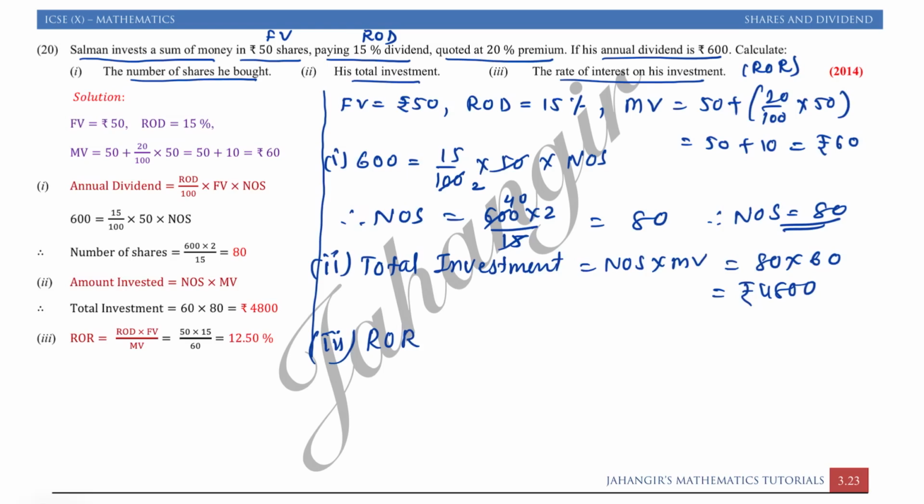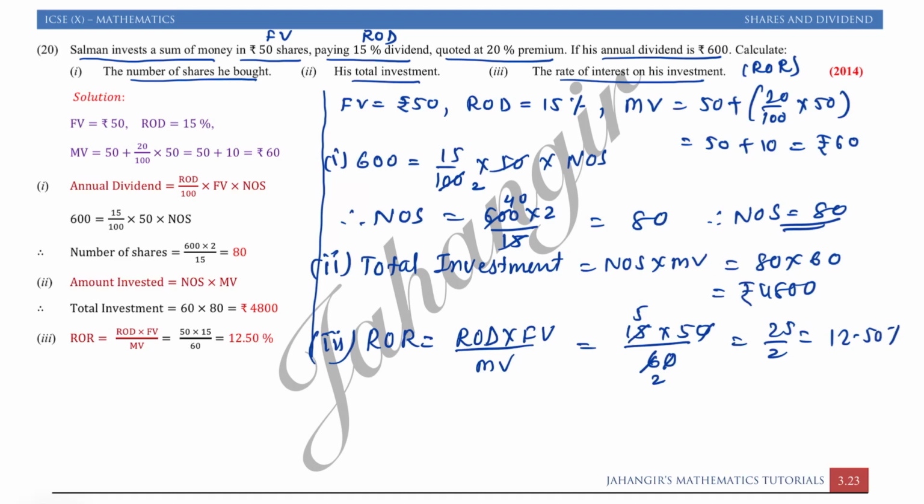So rate of return is rate of dividend into face value upon market value. All information is given. Rate of dividend is 15%, face value is 50 upon market value 60. Cancelling zeros, 3 twos are 6, 3 fives are 15, so 25 by 2, that is equal to 12.50%. So again the rate of return is 12.5%.